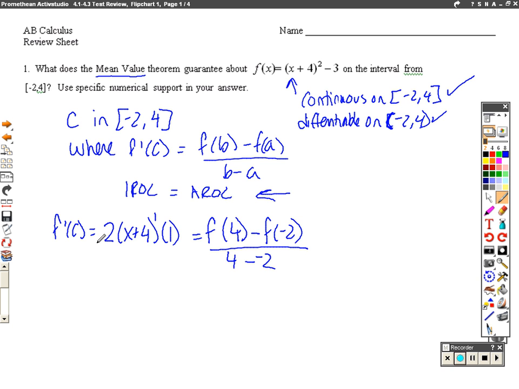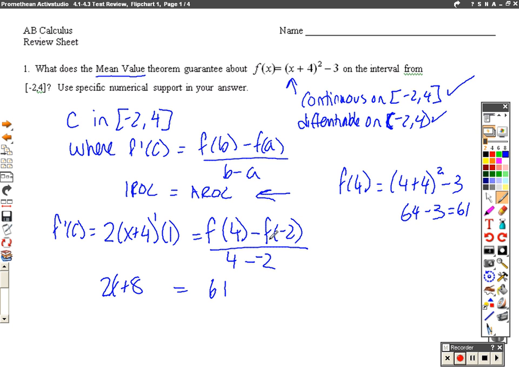All right, let's look at our derivative. We've got 2 times (x plus 4), which is 2x plus 8 times 1, so 2x plus 8, equals f of 4. f of 4 will just be (4 plus 4) squared minus 3. 4 plus 4 is 8. 8 squared is 64. 64 minus 3 is 61. f of -2 will just be (-2 plus 4) squared minus 3. -2 plus 4 is 2. 2 squared is 4. 4 minus 3 is 1.